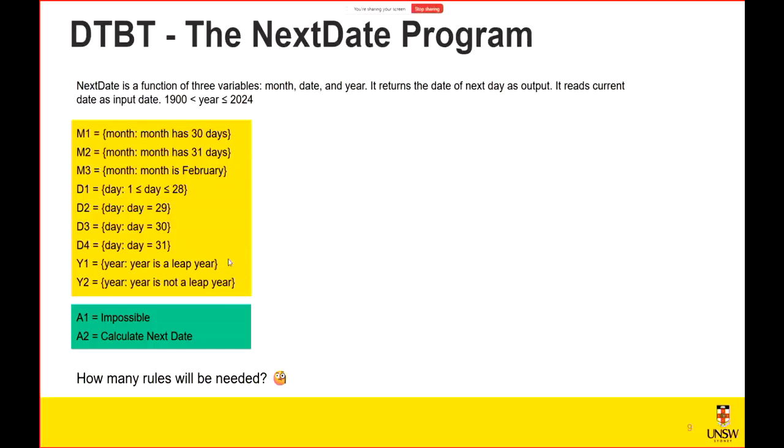Remember, we don't want redundancy. So how many do we need? The number of rules is actually determined by the number of conditions, right? So how many conditions do we actually need if we partition the input space like this?